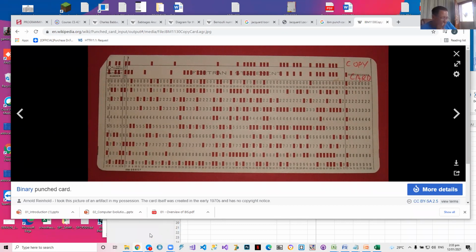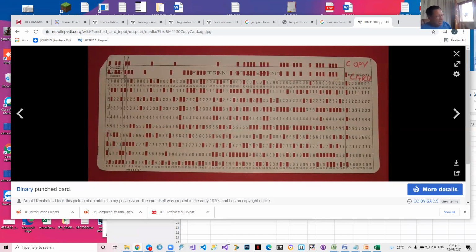So, what's the impact on the programming side? The stored program concept. Ngayon, when you're writing programs, your command and your data will be on the same memory.